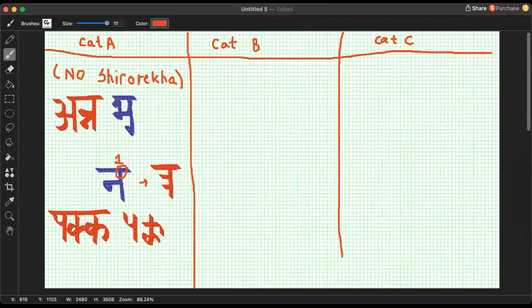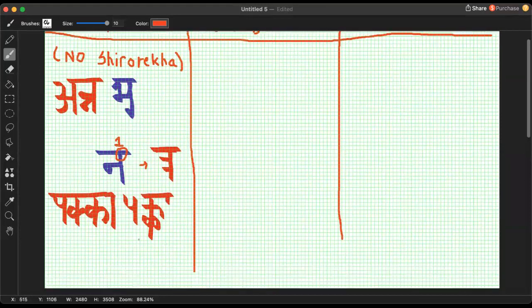On the bottom, it is written full. Say it's "pakka". So this is actually a matra here, so it will take up this form.